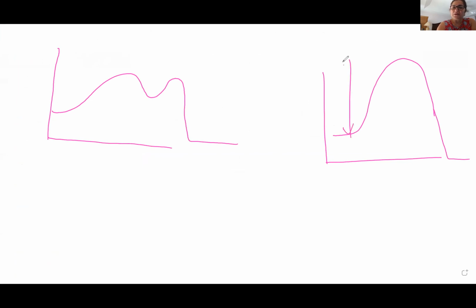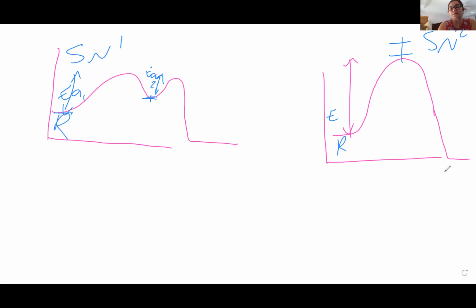You have activation energy here, EA. You have the transition state here. This is for SN2, a bimolecular nucleophilic substitution reaction. For SN1, you have 1 activation energy, EA1. You get your intermediate, and you get EA2, a second activation energy. You start with your reactants in both cases. You end up with the products.